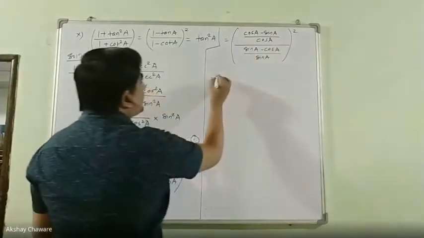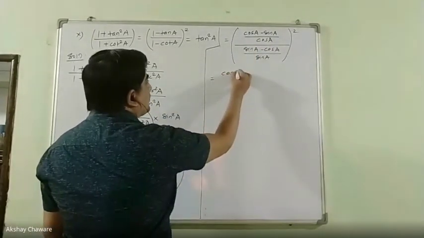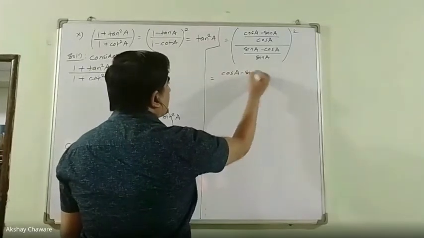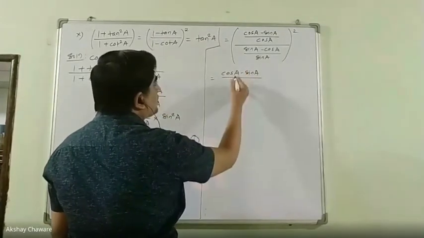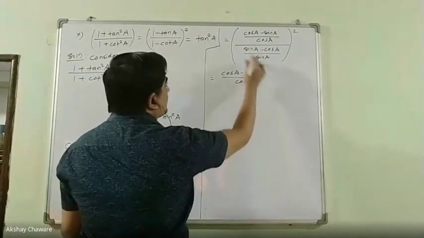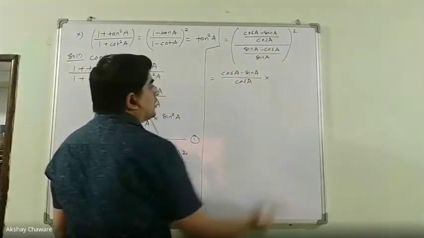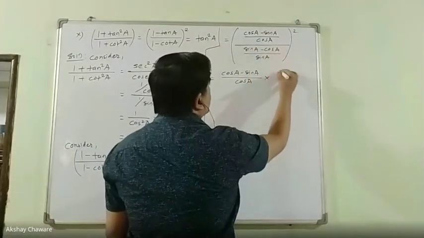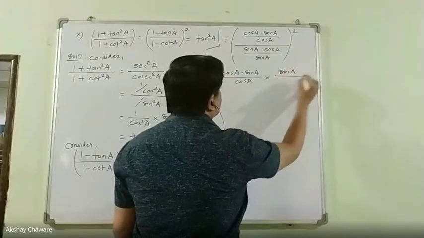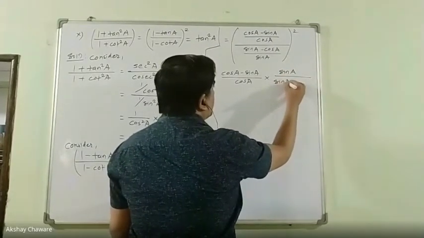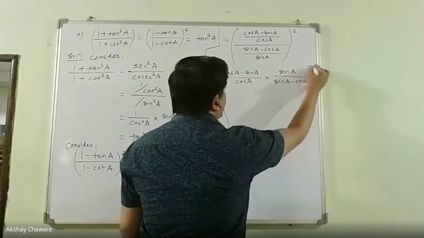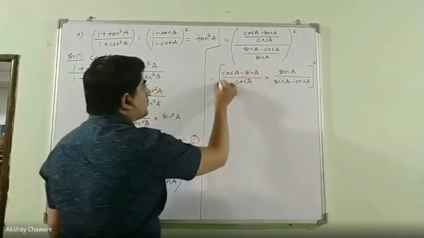Now let's simplify these two fractions. Cos A minus sine A upon cos A, the division sign gets converted into multiplication, and the next one is the reciprocal of the denominator, so sine A upon sine A minus cos A, and this complete whole square.